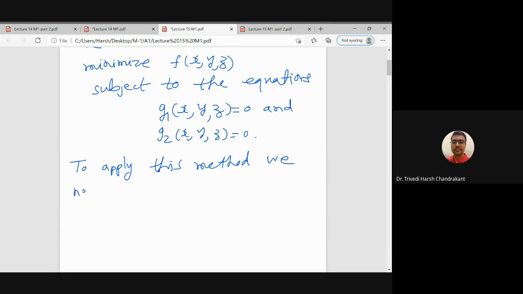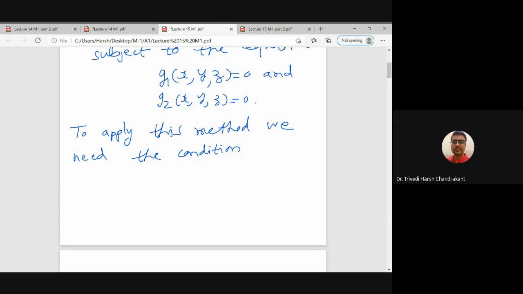So we need the condition. Here there are two gradients. The gradient of g1 should be non-zero on the first equation.